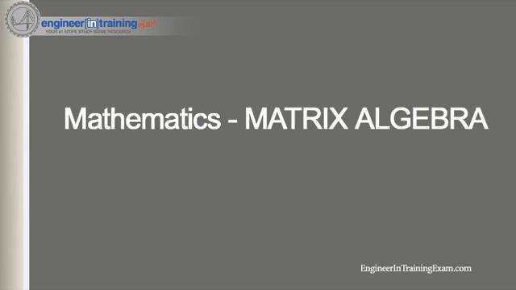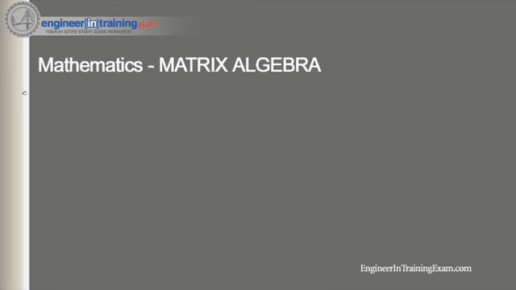In this video we're going to review matrix algebra, and more specifically the transpose and determinant of a matrix. So what is the transpose of a matrix? The transpose of one matrix is another matrix obtained by using the rows from the original matrix as columns in the second matrix.